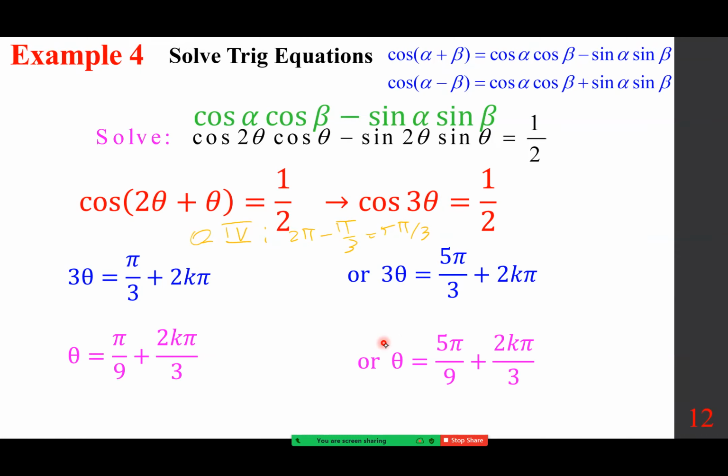If we want it from 0 to 2 pi, then we choose k to be 0, 1, and 2.